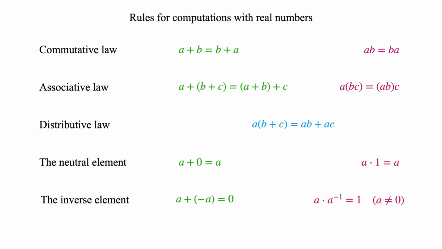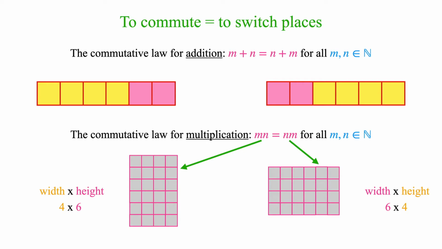And you have probably seen in your earlier education illustrations like this, which just show you how to understand these rules. And here in these pictures I just made illustrations for the rules for natural numbers, because otherwise it would be difficult to illustrate.